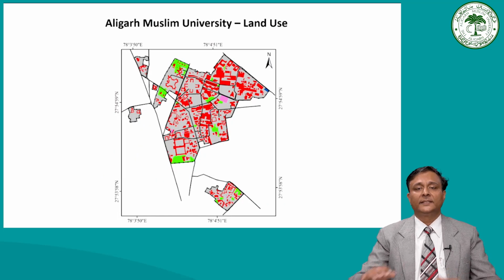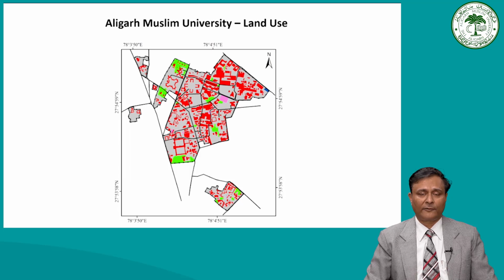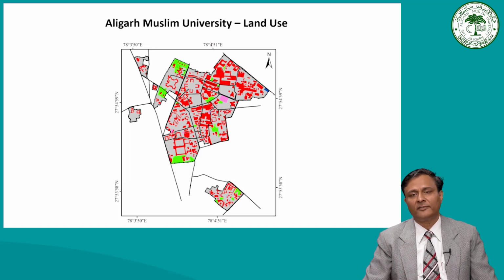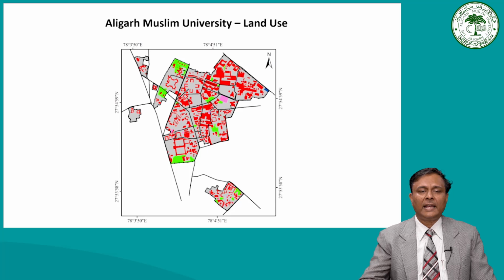Now, out of the total land of the city, I have plucked out only some portion of the city. Again, it is possible only with spatial information. Here I have plucked out only the university area, and there I have tried to find out how the changes have happened.